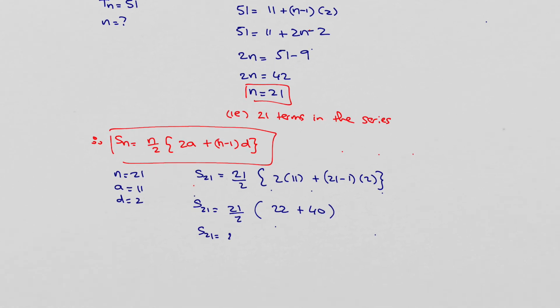So that gives me 21 times 62. And therefore that gives me 651. So if I add all of those 21 terms, I get 651.